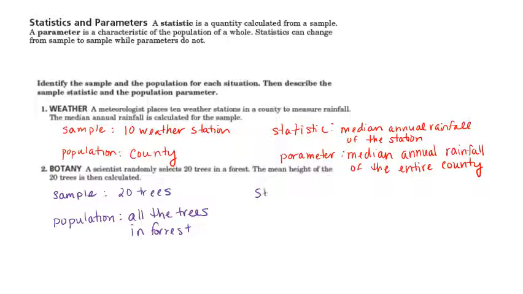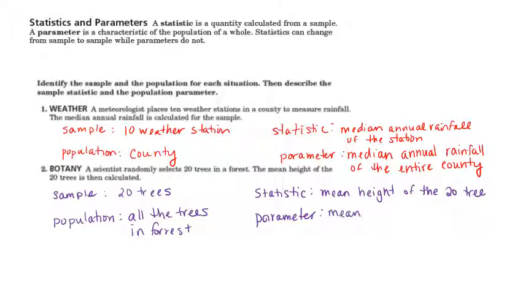So our statistic would be the mean height of the 20 trees, and we're going to apply that to say the parameter that he's looking for, even though he's just getting the statistic, is the mean height of all the trees in the forest.